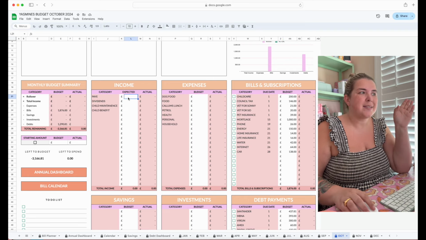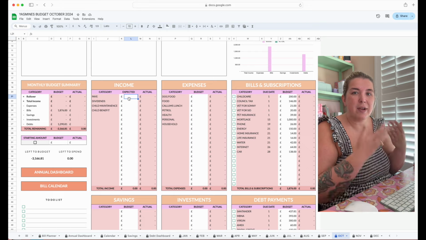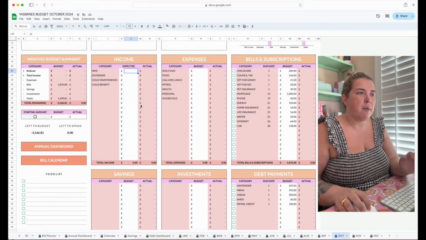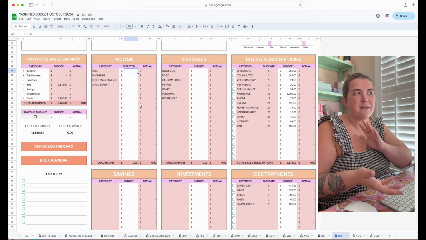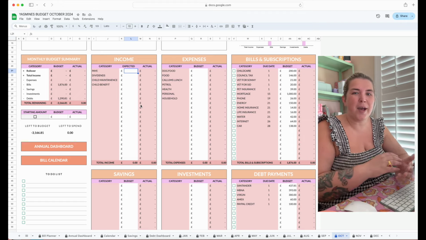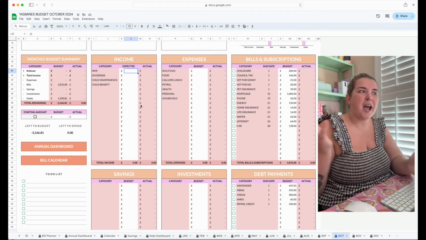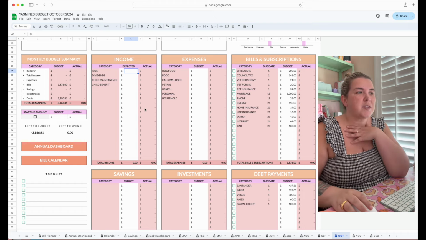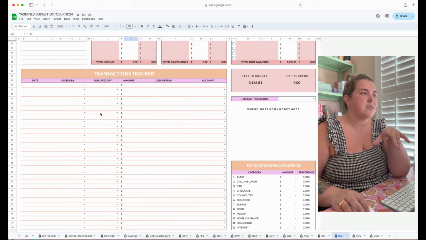But for expenses and income, you can plug in what your expected is, and then you would budget that out accordingly. I am sort of living life in reverse at the moment, where I know what all of my bills are, and I'm trying to bring in money quickly enough to fulfill those bills. So that's why I'm going to do it the other way around.